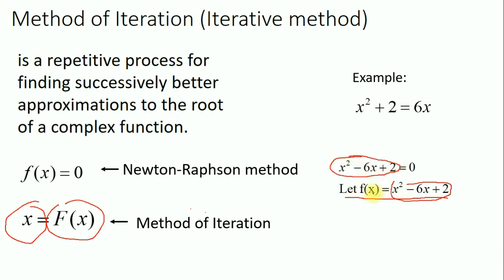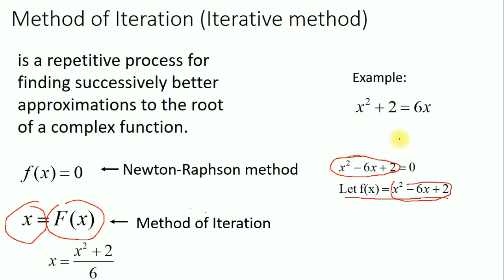Then only you use the Newton-Raphson formula to find the approximation for the root. But for method of iteration, you rearrange it into x equals f(x).